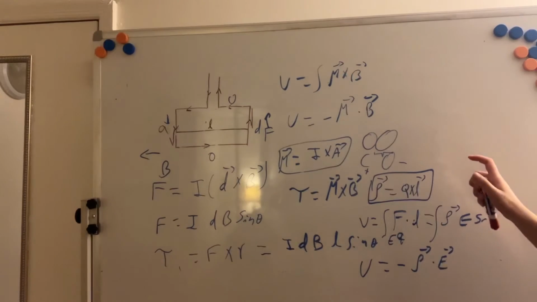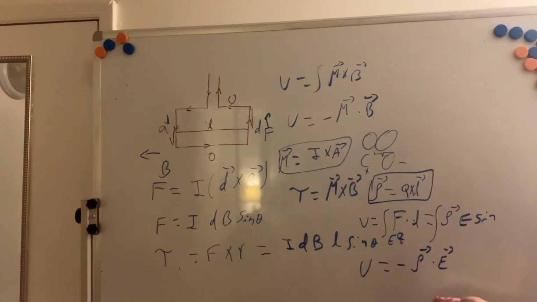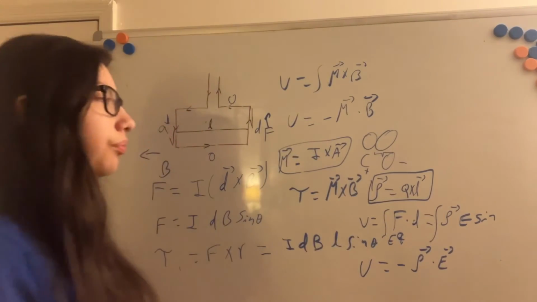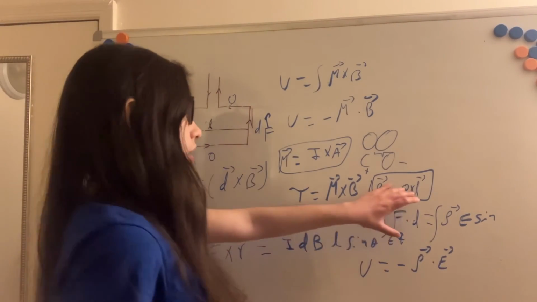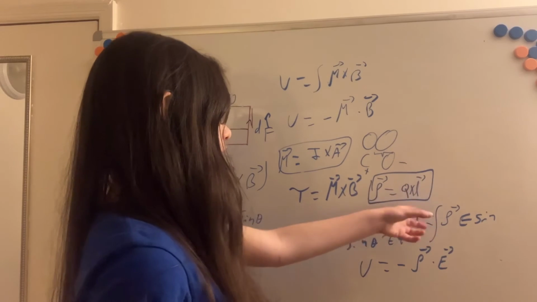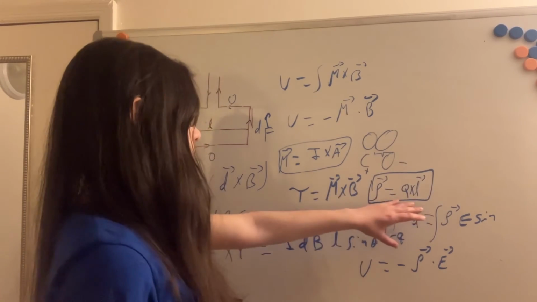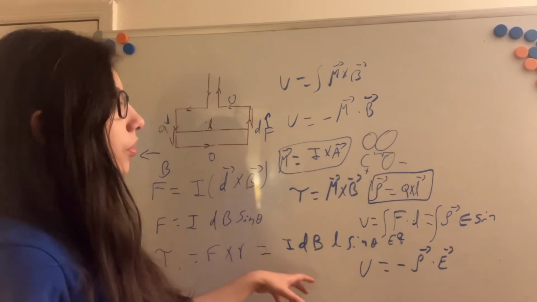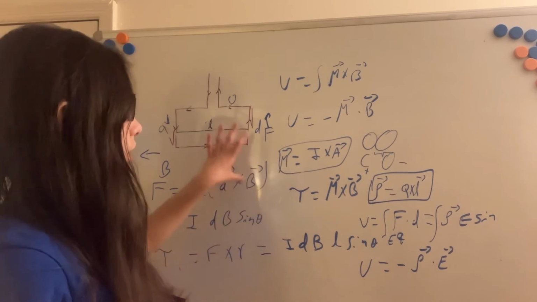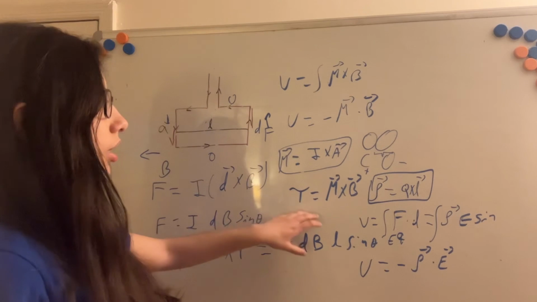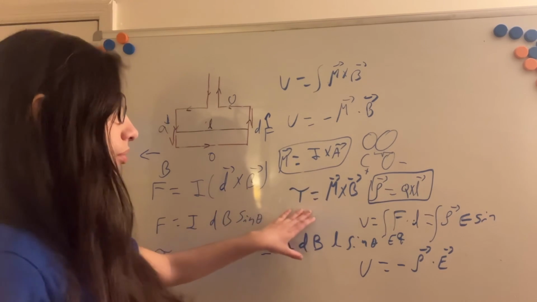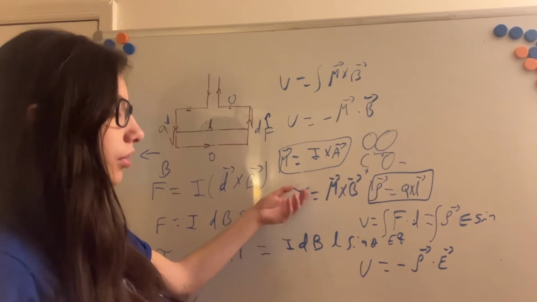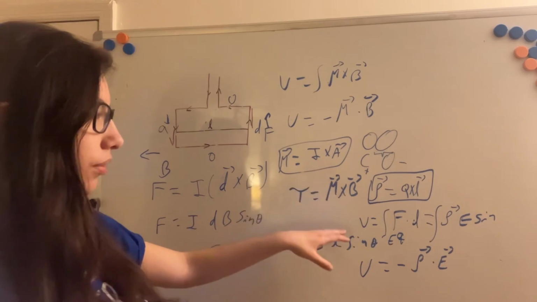The electric dipole moment of the polar molecule or a polar body, whatever it be, is the cross product of the charge and the distance in the direction of the electric field. The energy to stop the torque for the magnetic dipole is the negative of the dot product of the magnetic dipole moment and the magnetic field.